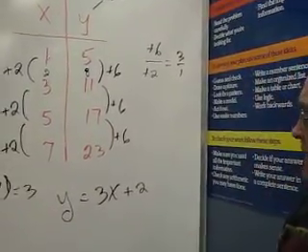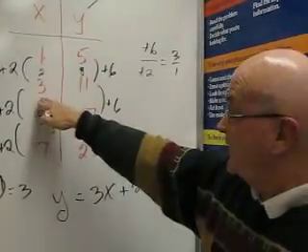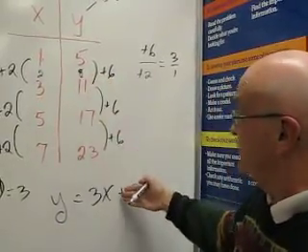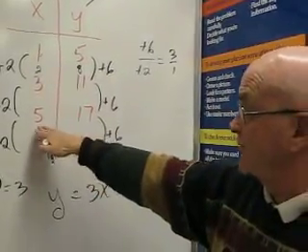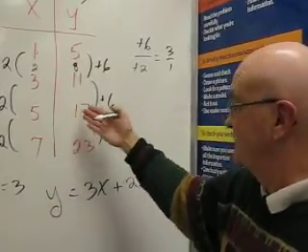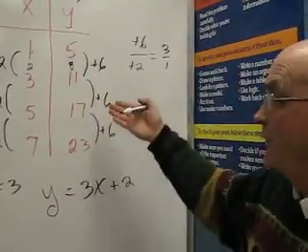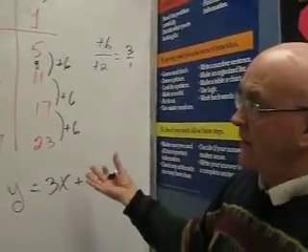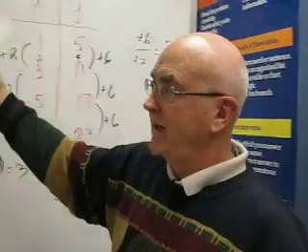But you should check that relation out completely. Testing it out here, 3 times 3 is 9, plus 2 gives 11. So it seems to work. 3 times 5, 15, plus 2 is 17. So this is a method you can use to determine the linear relation when you're given tables of values.